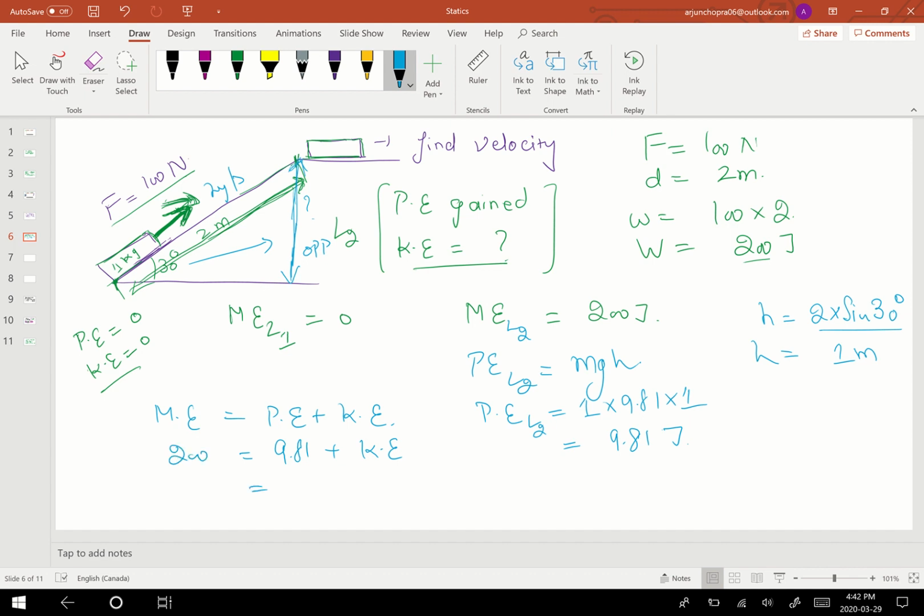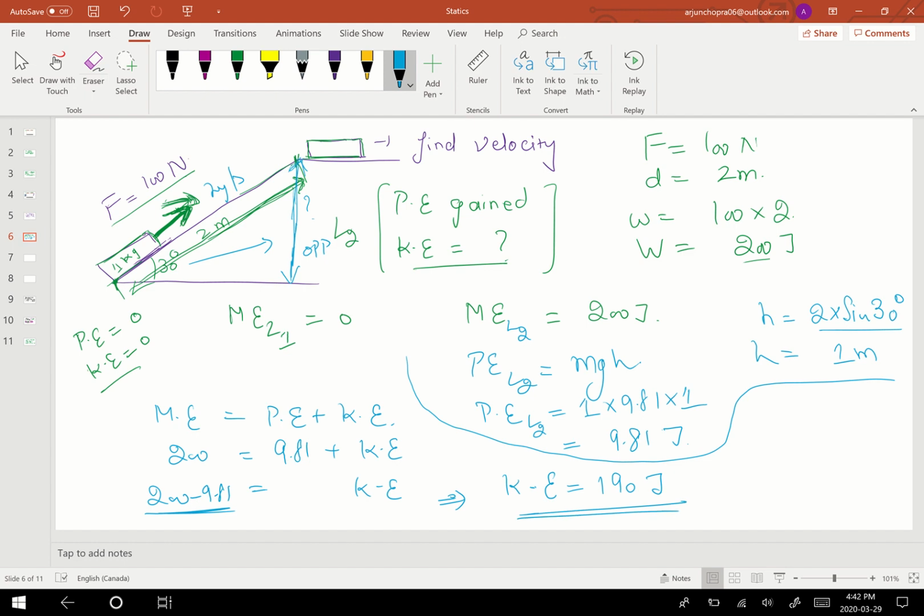So the rest of the energy at location 2 got converted into kinetic energy, 200 minus 9.81, which gives me 190.19. So the kinetic energy value will be approximately 190 joules.